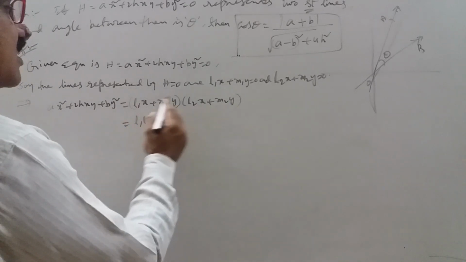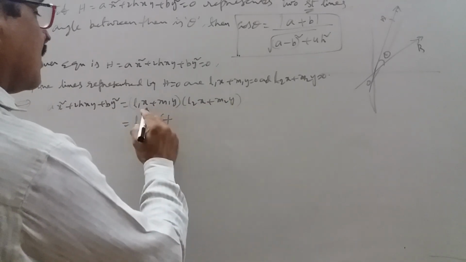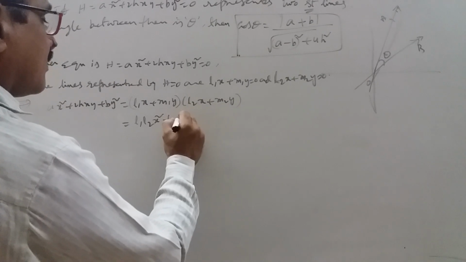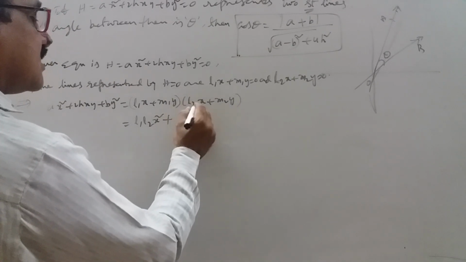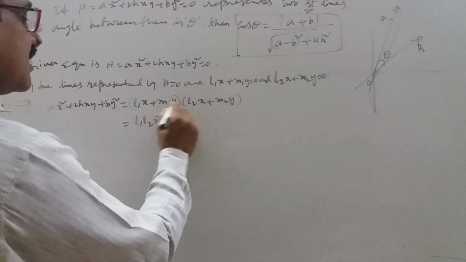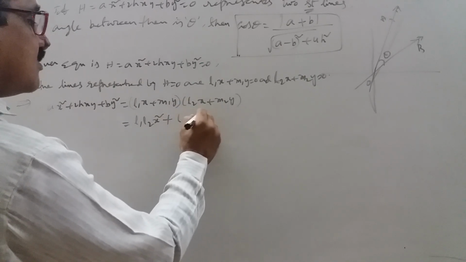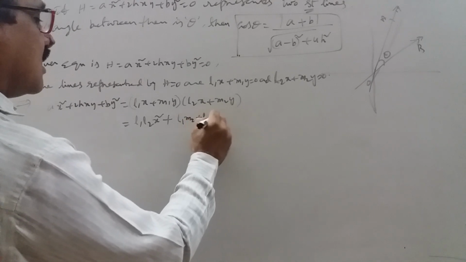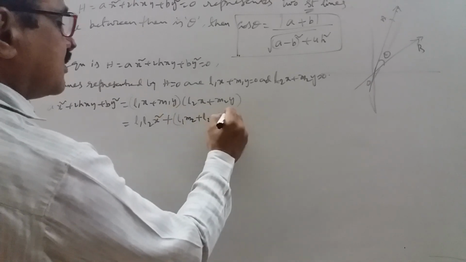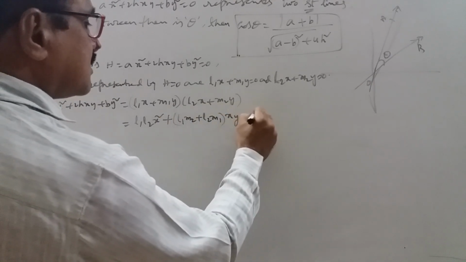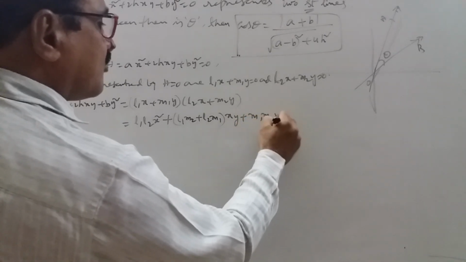The remaining: L1x into M2y, L1 M2 xy, next L2 M1 xy. By taking xy as common, this can be written as (L1 M2 plus L2 M1) into xy plus M1 M2 y square.